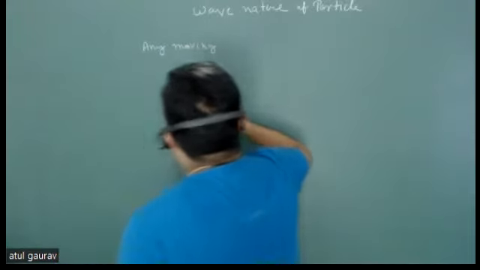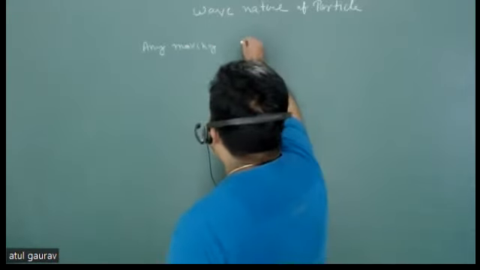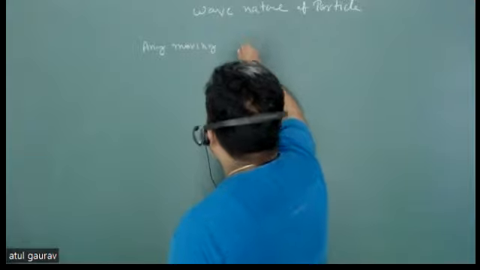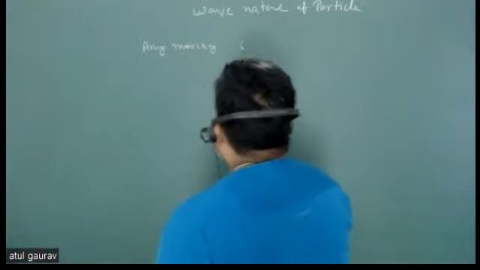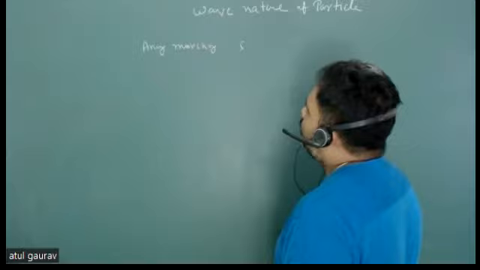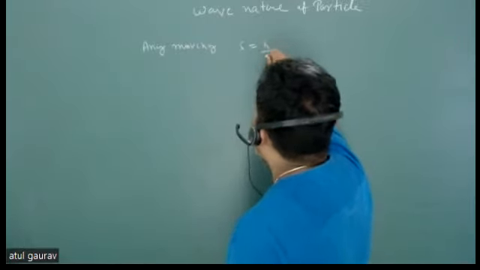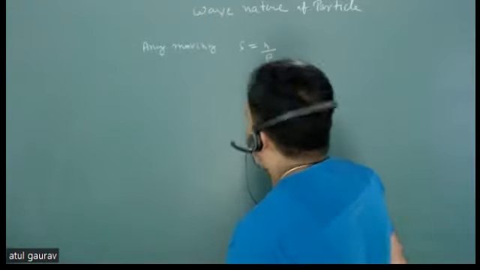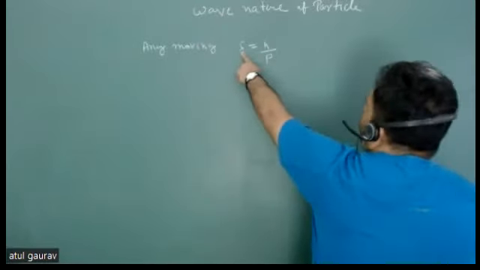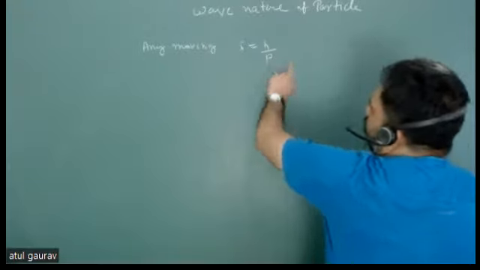when a particle is moving, there is a wavelength associated with the particle, and this wavelength is equal to h by the momentum of the particle, lambda = h/p. So this lambda is inversely proportional to what?